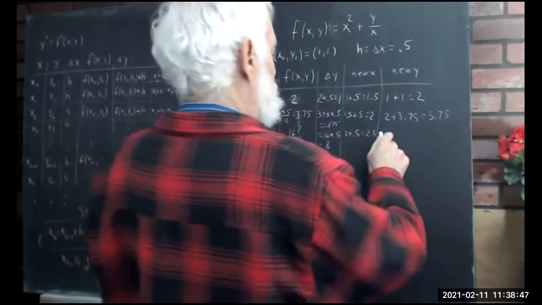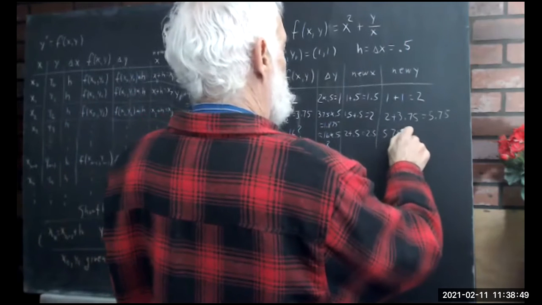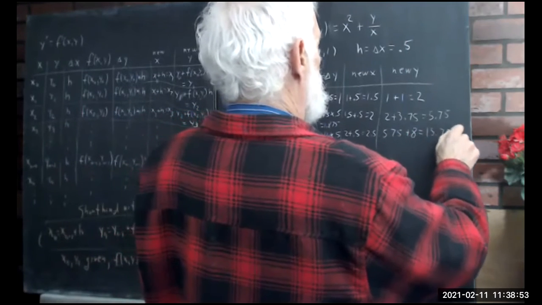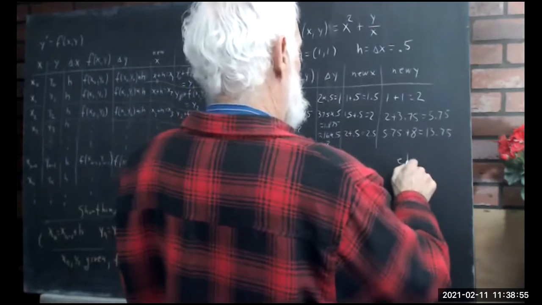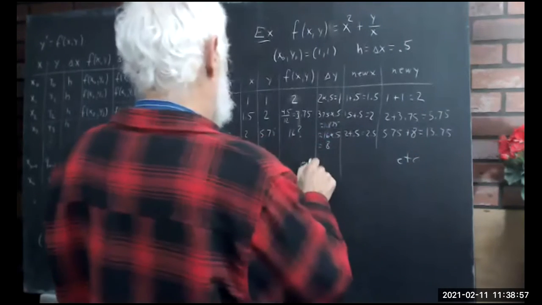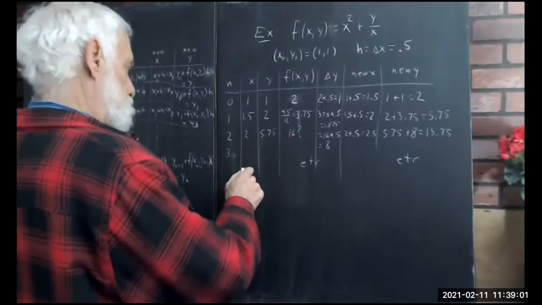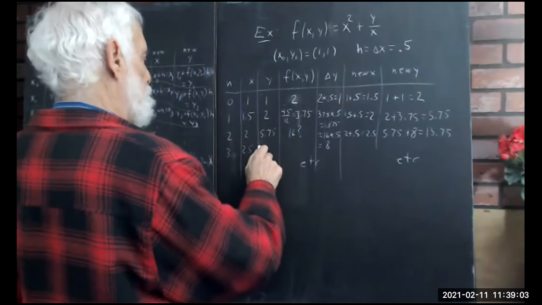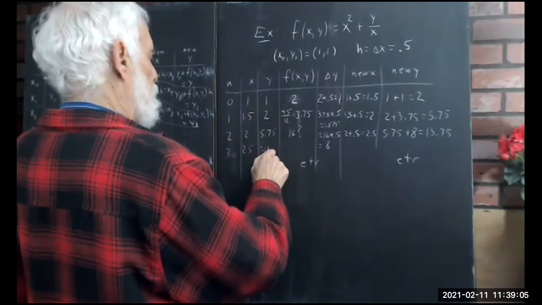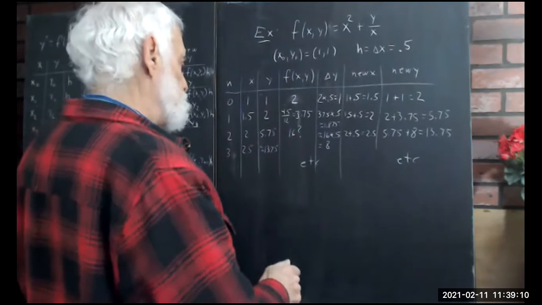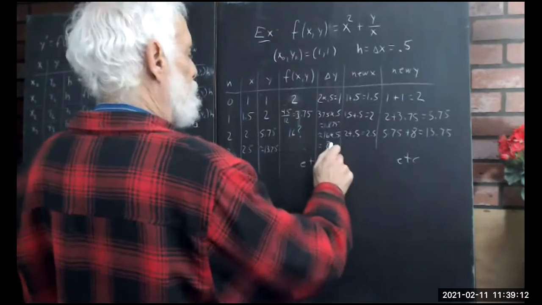Your new y is going to be 13.75, and everything's just kind of an et cetera. We're going to have n equals 3, x equals 2.5, y approximately 13.75, and so forth.